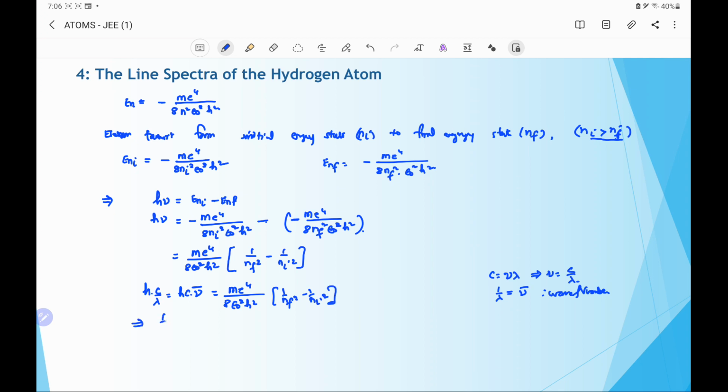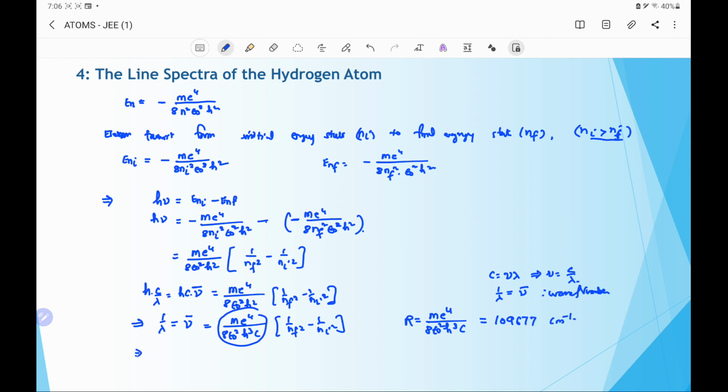This implies that 1 by lambda is equal to nu bar, and it is equal to m e raised to the power 4 by 8 epsilon naught square h cube c into 1 by nf square minus 1 by ni square, and this parameter is called the Rydberg constant, that is equal to m e raised to the power 4 divided by 8 epsilon naught square h cube c, and its value comes approximately 109677 per centimeter.